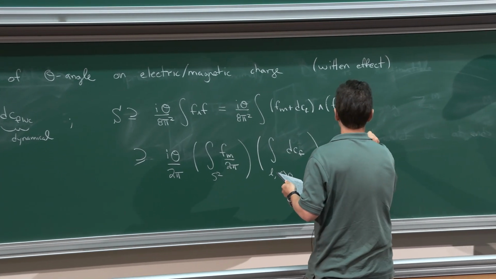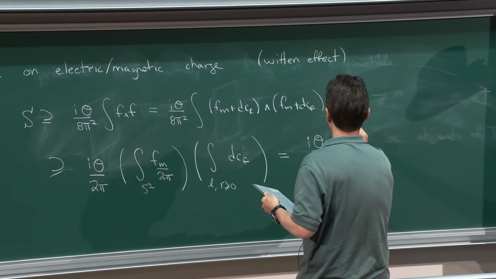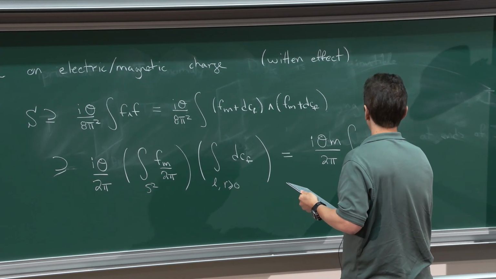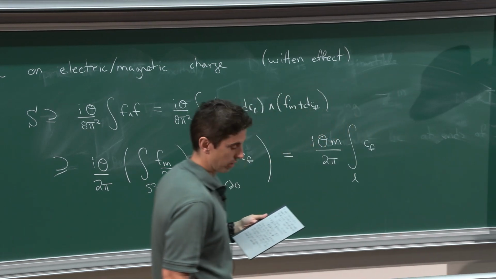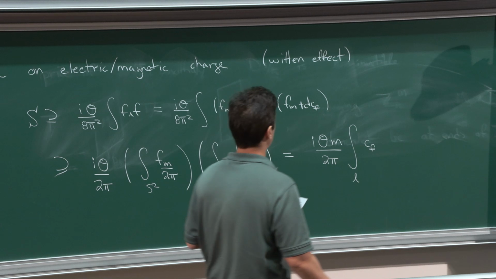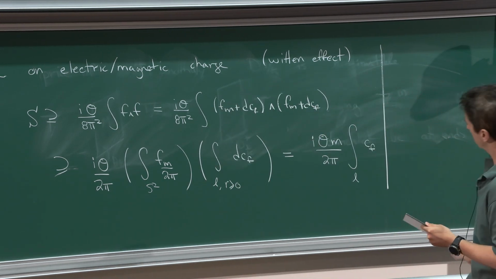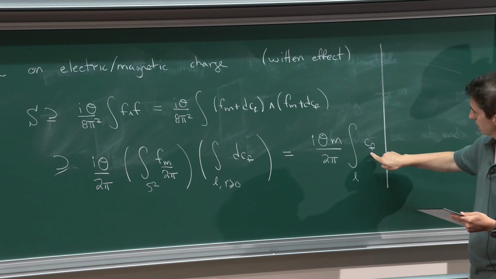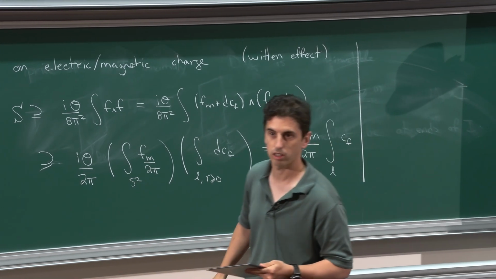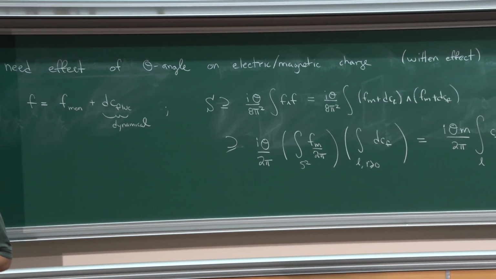So this gives us i theta m over 2 pi integral along L of this fluctuating part. What do we conclude from this? This is the coupling of the gauge field to electric charge. Right? An electrically charged particle couples by the Wilson line of the fluctuating gauge field.